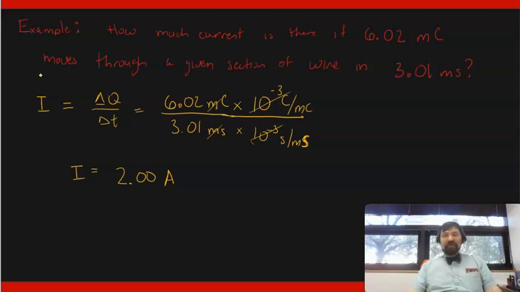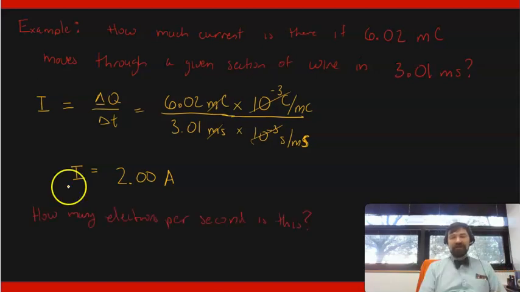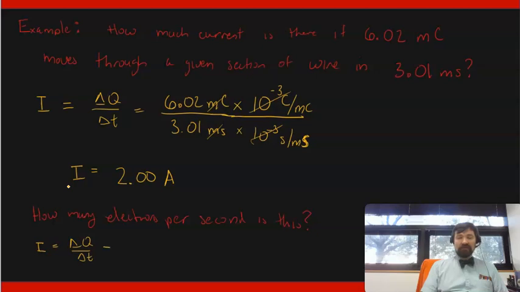Now, the follow-up question that goes with that is how many electrons or electron holes per second is this current equivalent to? And so the answer is, again, given that I is equal to delta Q over delta T, this is equal to number of particles per time times charge of each particle.